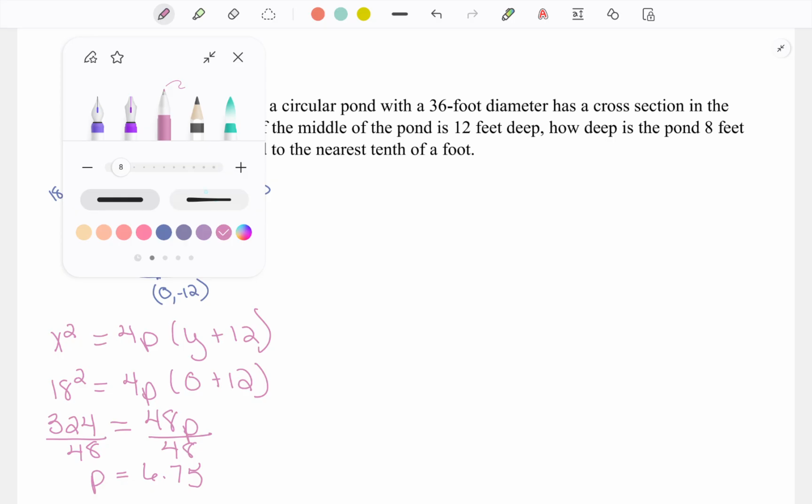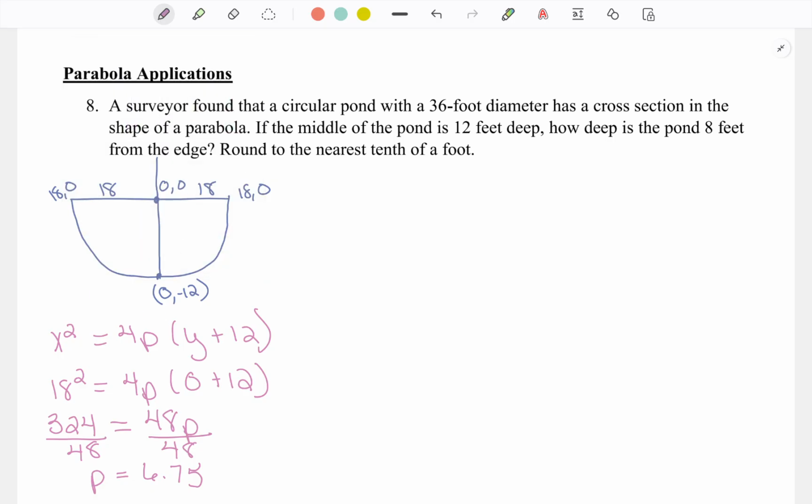So we have the ability to write our equation now as x squared equals 4 times 6.75 times y plus 12. And 4 times 6.75 is 27. So we have x squared equals 27 times y plus 12.